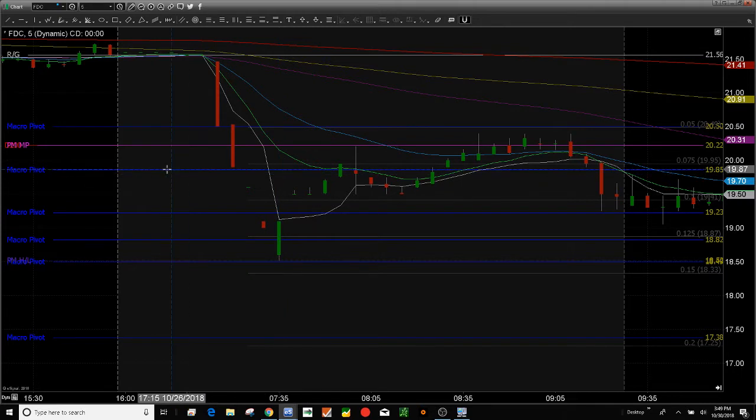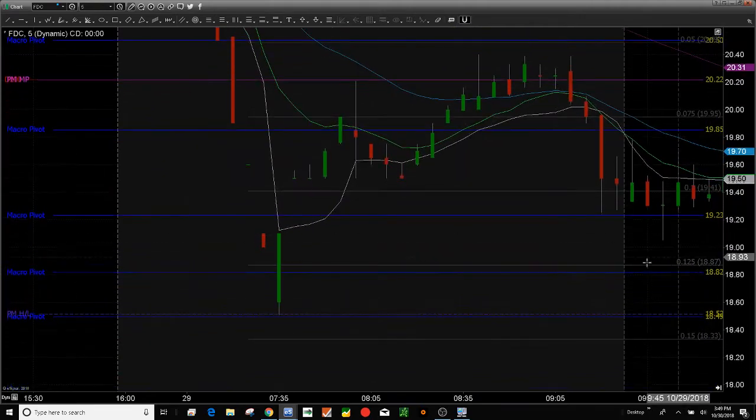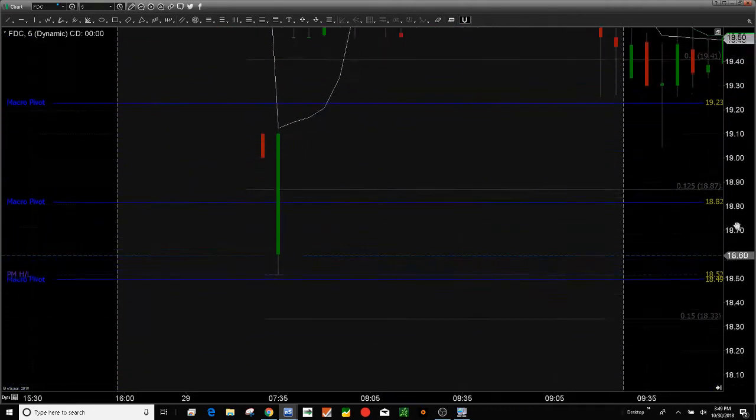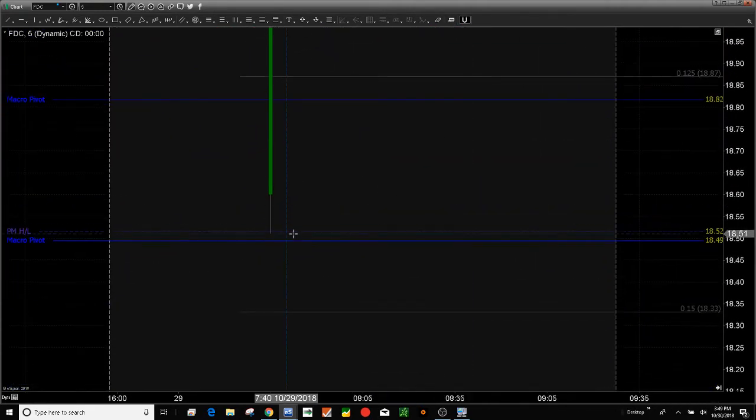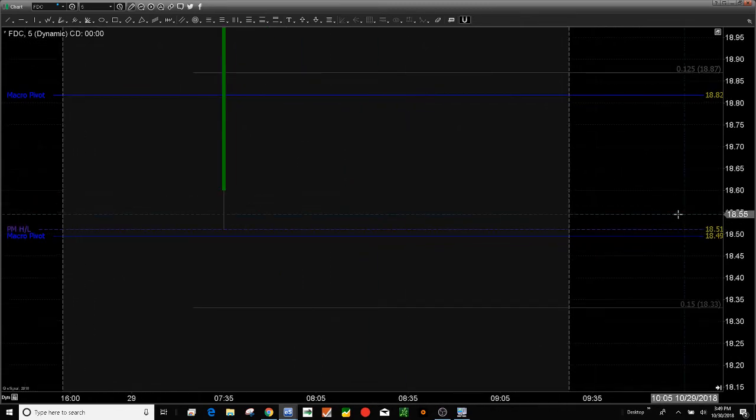So all these lines are support and resistance. Okay, it went all the way down to 1850-ish, before it bounced right back up. So that's perfect. That's 1851. You're talking about 2 pennies here before it found support and went back up.